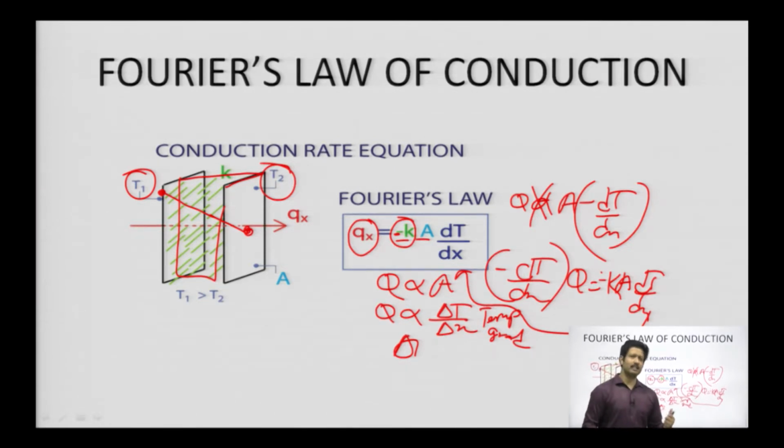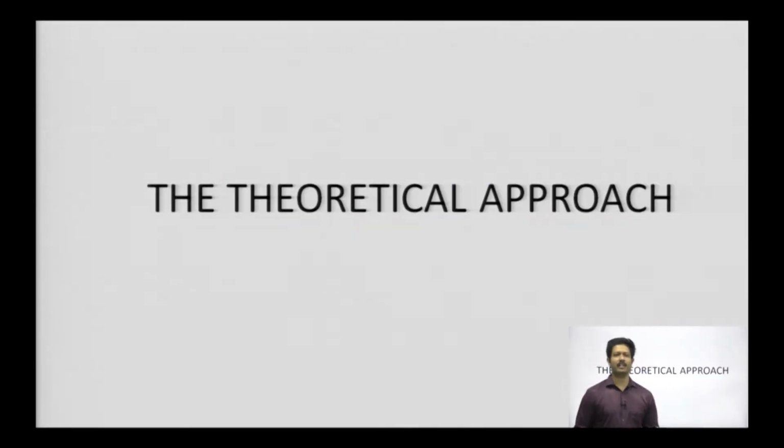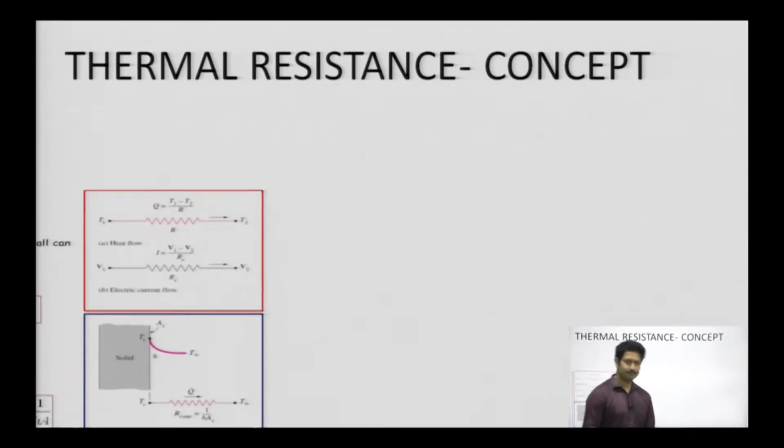This thermal conductivity is actually the basic property of the material. The more free electrons present in the material, the better its thermal conductivity, and the fewer, the lesser the value. This means the insulator has very little thermal conductivity, whereas the metal has the highest thermal conductivity. Okay. So this was conduction, the theoretical approach.